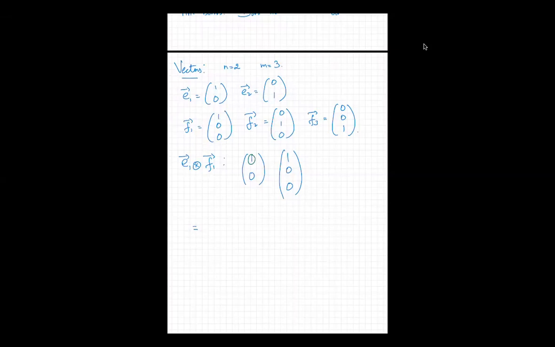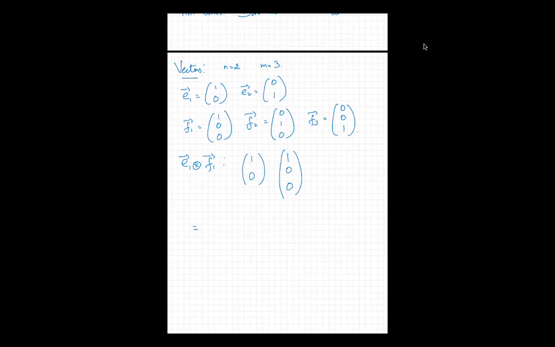So 1 times 1, 1 times 0, and 1 times 0. These will be the first 3 elements of my 6-dimensional basis vector. Now I do the exact same procedure again. I take the second element, and then I multiply it with the first element, second element, and third element here, and I construct the other 3 components of this basis vector.